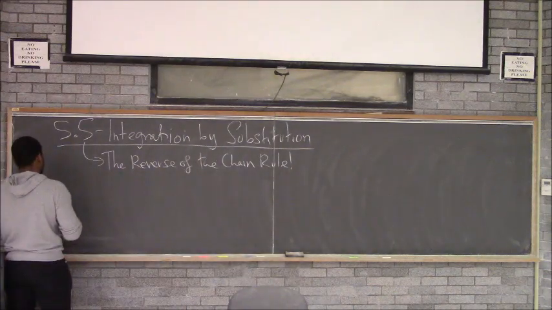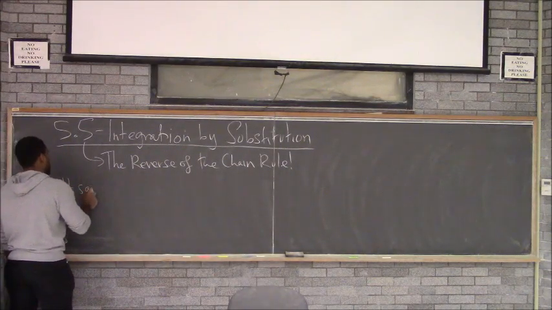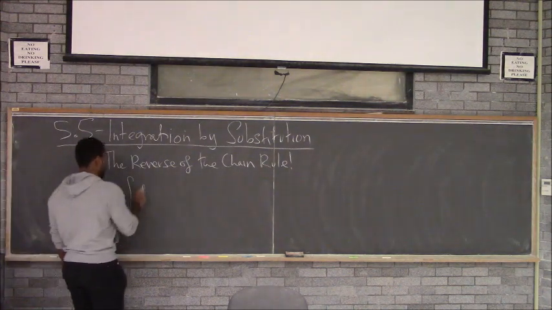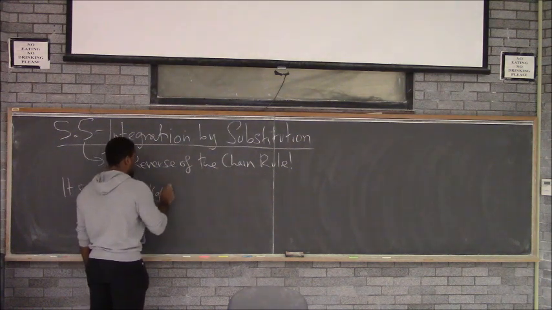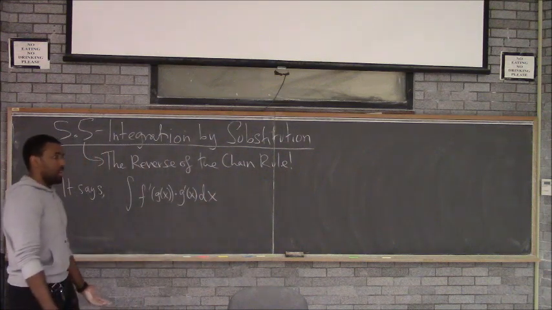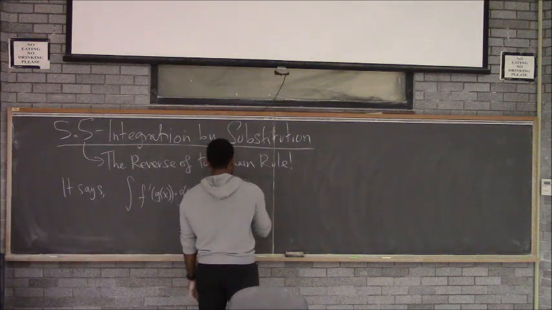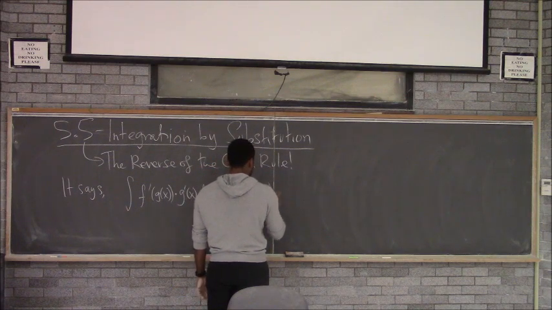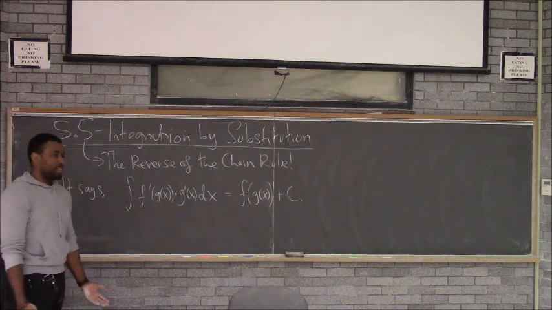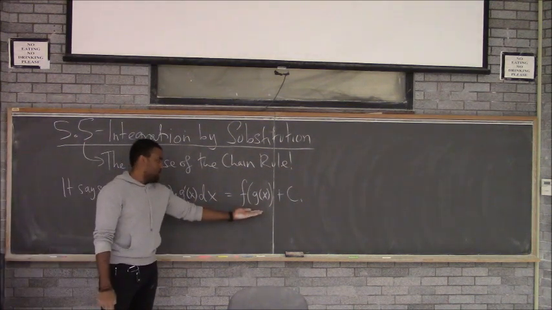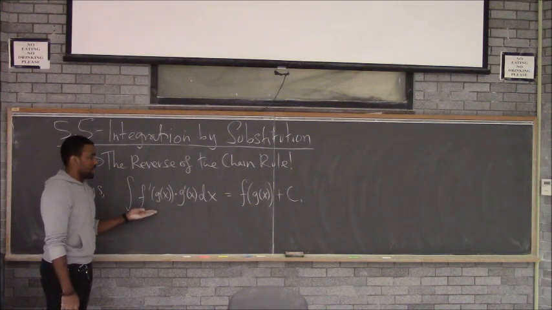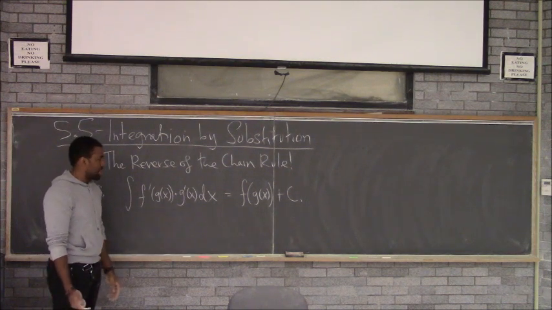Basically, it says if you want to find the integral of something that looks like the following, then the answer must be the following. Which isn't very helpful. Yes, I know if you differentiate this, you will get an expression that looks like that by the chain rule, but just telling me that in reverse isn't really helpful, is it?